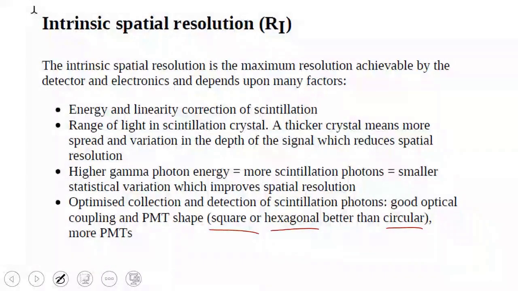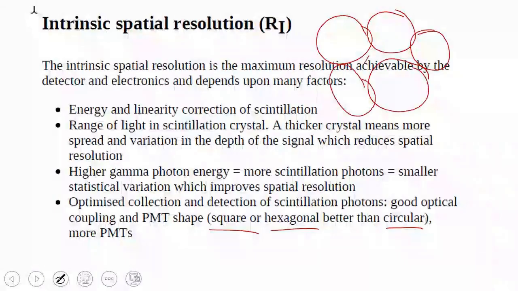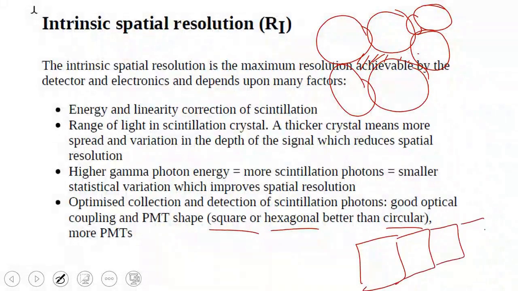Also, when you have a circular photomultiplier tube and another circular photomultiplier tube, the gaps between these tubes tend to be large. These areas can lead to a loss or reduction in the efficiency of the detection of the photomultiplier tube, unlike when you have a square shape. With the hexagonal shape, the gaps that are present are few, which consequently makes the detection process better for you.